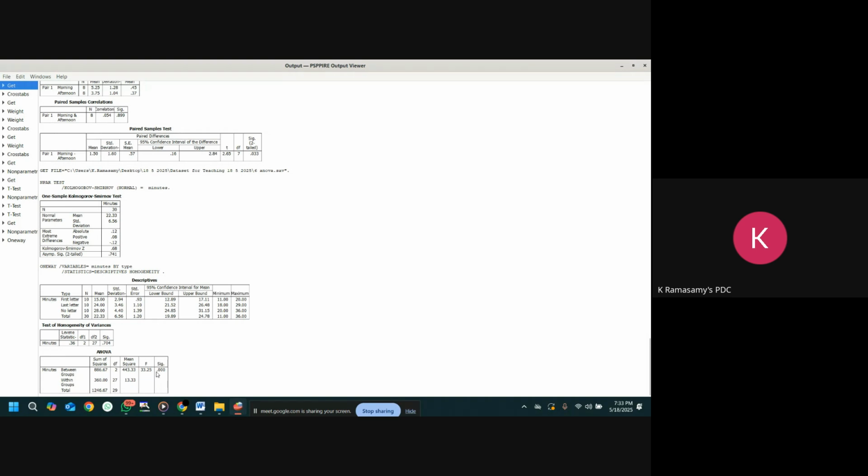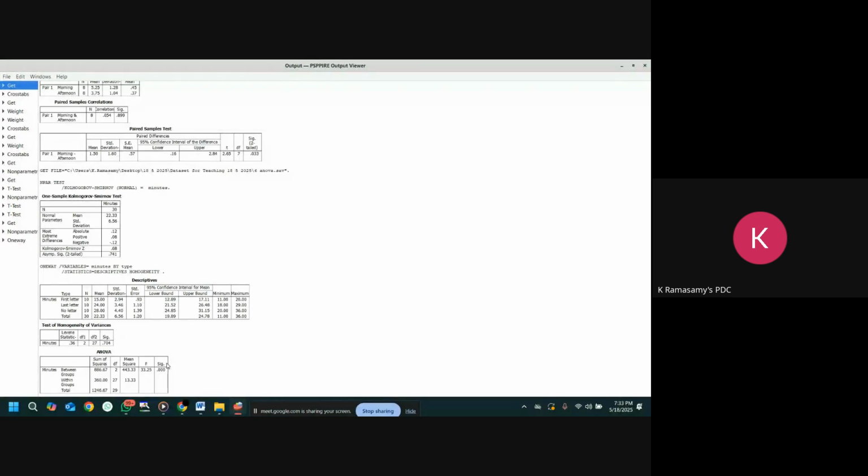What is sig value? 0.000. It means that sig value is less than 0.05. It means that null is rejected and alternative is accepted, which means that there is a significant difference between the first letter, last letter, and no hint group, and the number of minutes they take to complete the task.